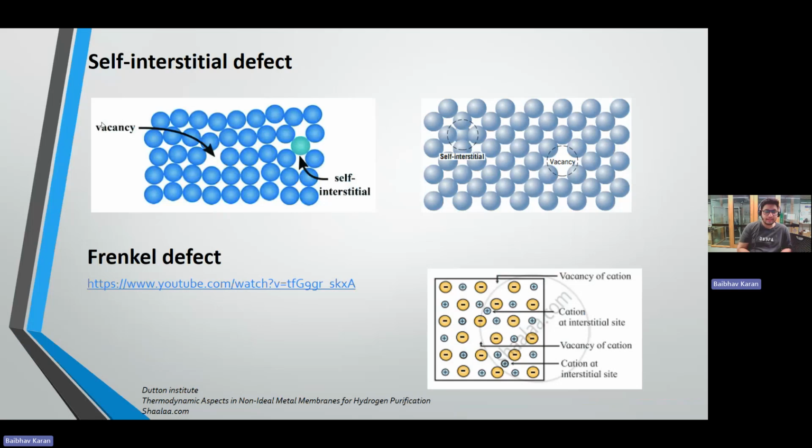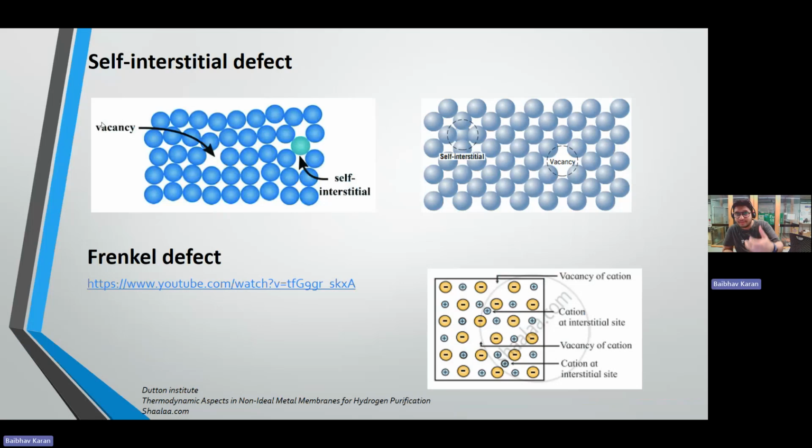Then we have Frenkel defect. As I told you earlier, the Frenkel defects and the Schottky defects are observed in ionic solids, where there is a positive charge and negative charge. So in Frenkel defect, what happens? One of the cation sites, that is the positively charged elements, is absent and the cation is present at an interstitial site.